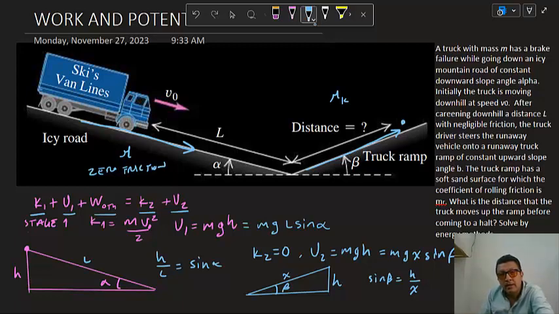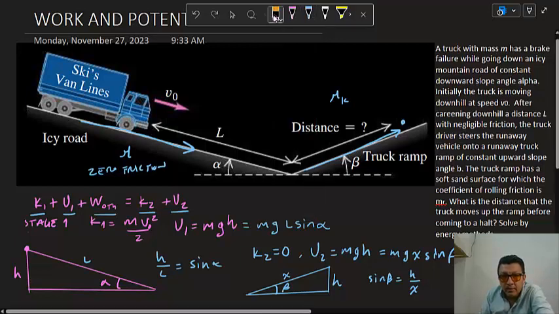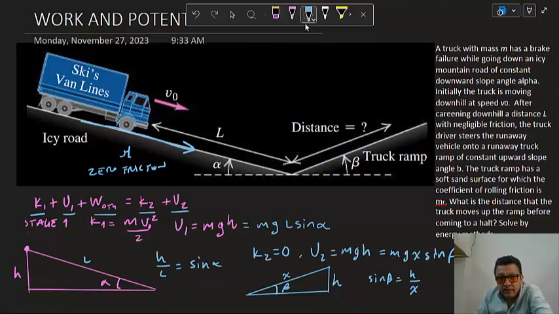We have some friction in the opposite direction of the movement. So this friction that works in the opposite direction of the movement has to be considered as other work.